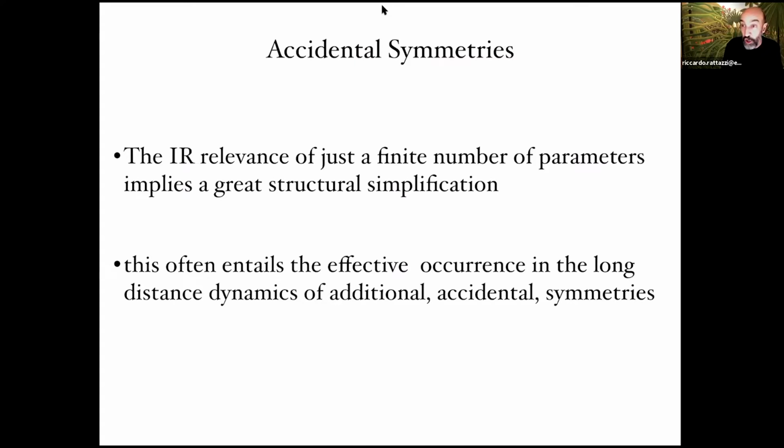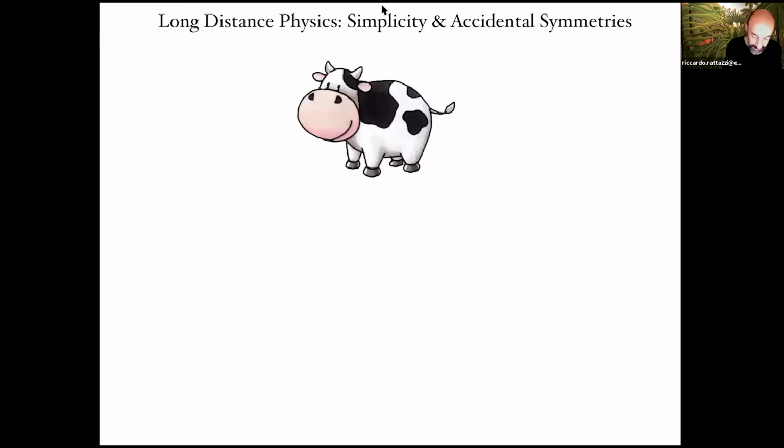So symmetries just occur because of this simplification. And in order to exemplify this visually, I usually make this spherical cow example. So consider a cow. See the cow here.